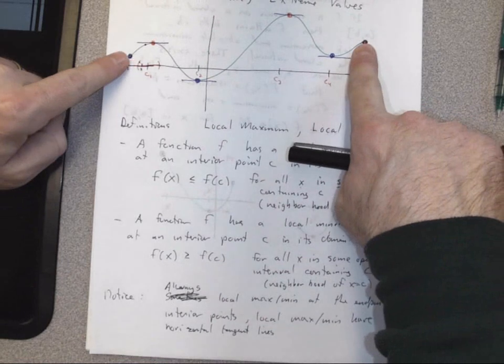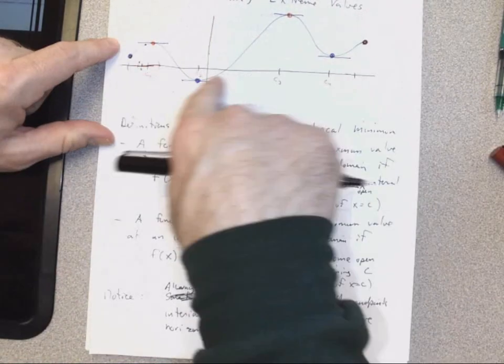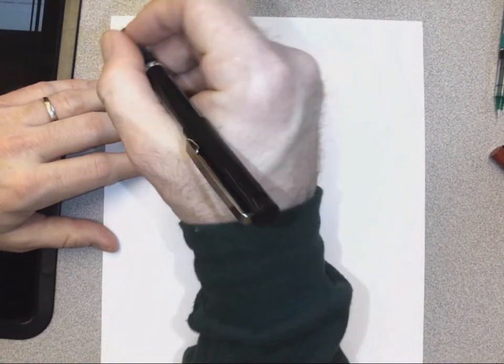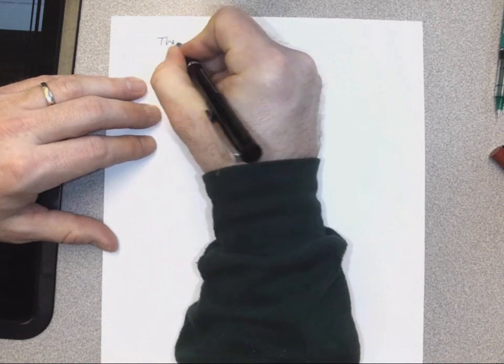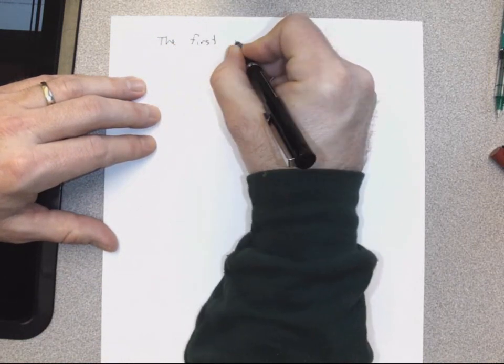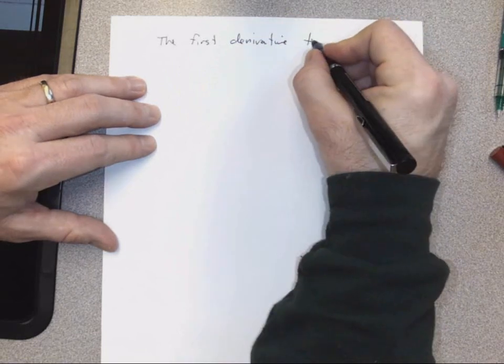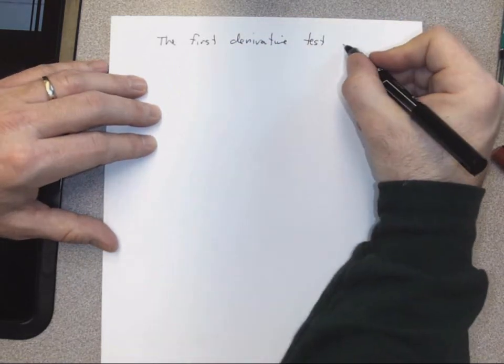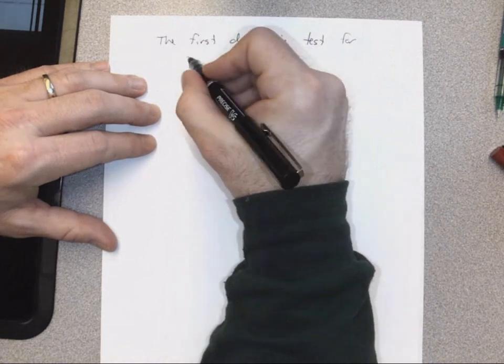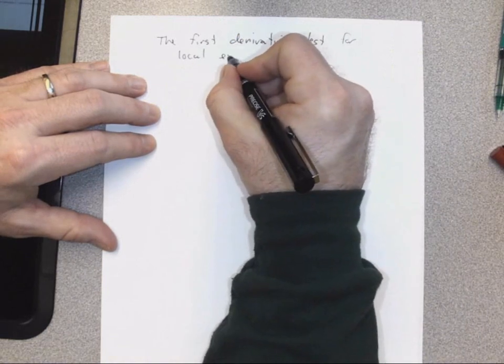Well, we know that the endpoints are always going to be local maxes and mins, so how do we find the other ones? So this is called the first derivative test for local extreme values.